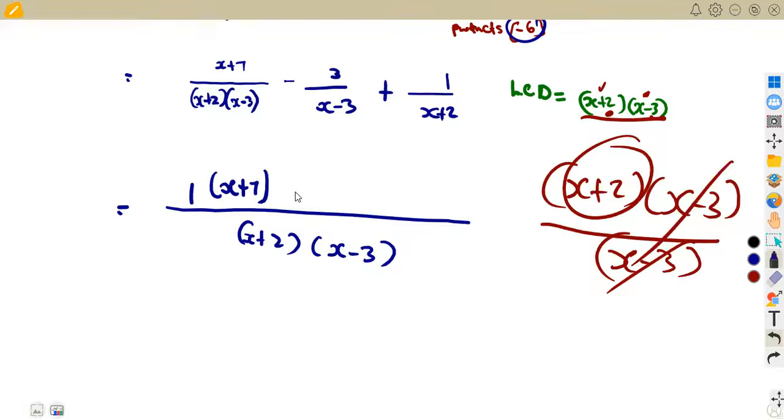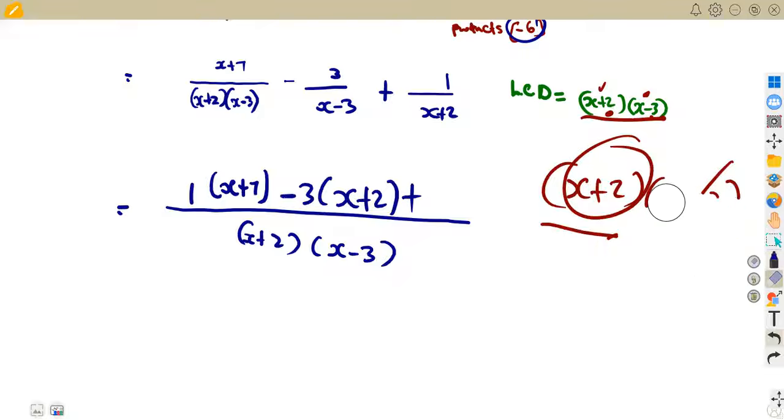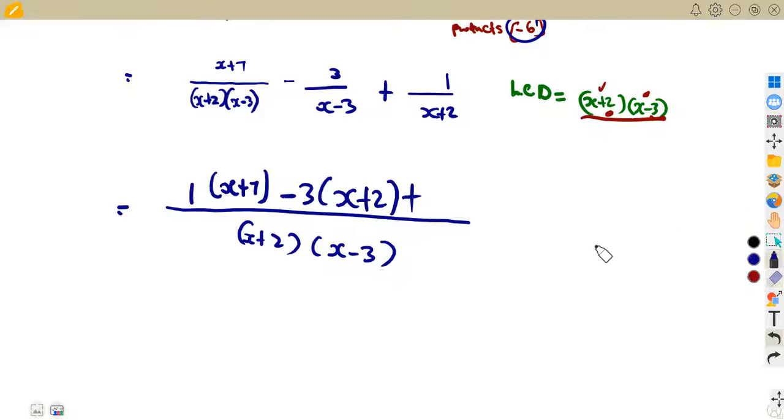So we have negative 3 into x plus 2, plus you do the same thing on the x plus 2. You divide the LCD by it, so x plus 2 and x plus 2 cancel, and you're left with x minus 3.